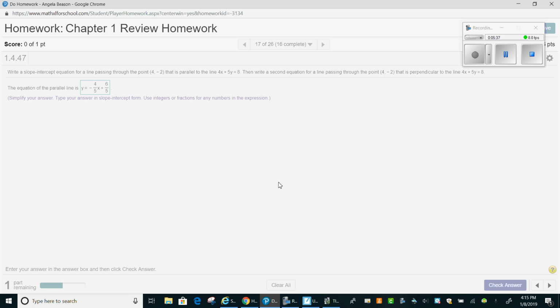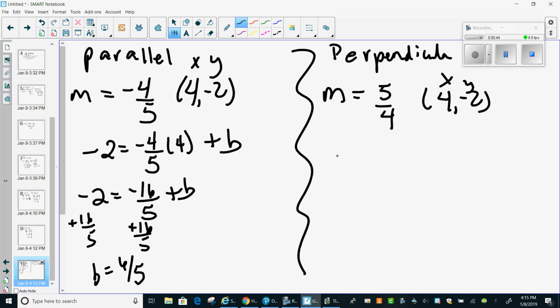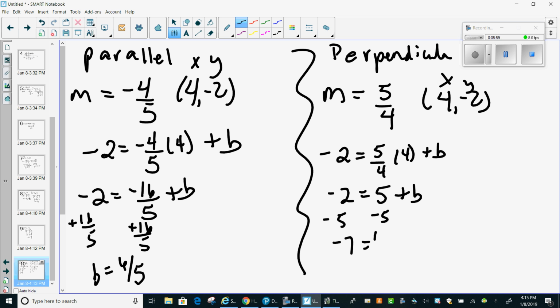Okay, now they want the perpendicular line. So I know the slope. I've got to use this point for x and y. So that's negative 2 equals 5/4 times 4 plus b. 5/4 times 4 is just 5 plus b. Subtract 5, you get that b is negative 7.